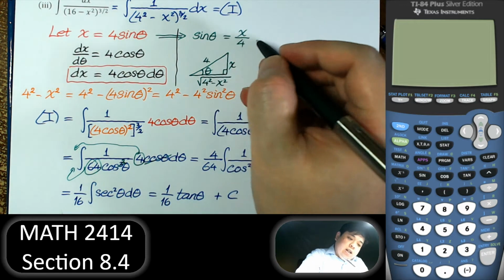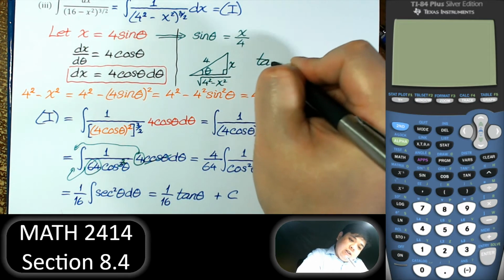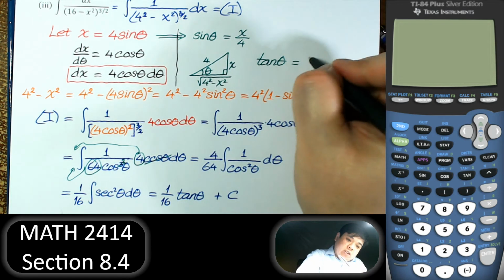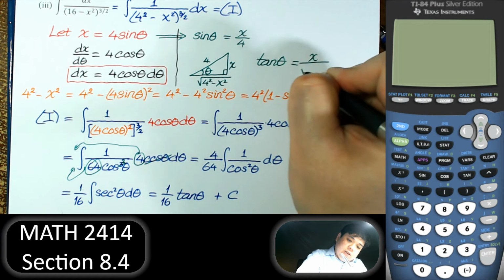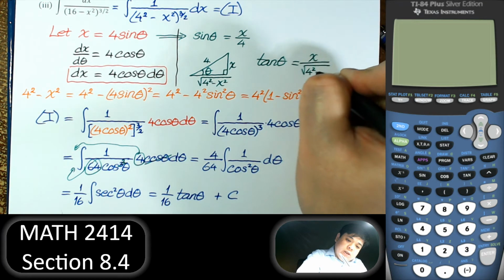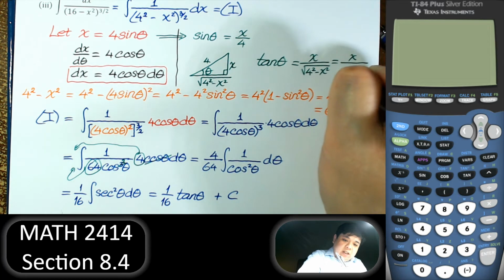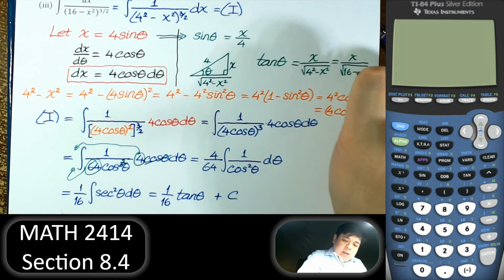So with that, tangent equal to opposite over adjacent, which is x over the square root of 16 minus x squared.